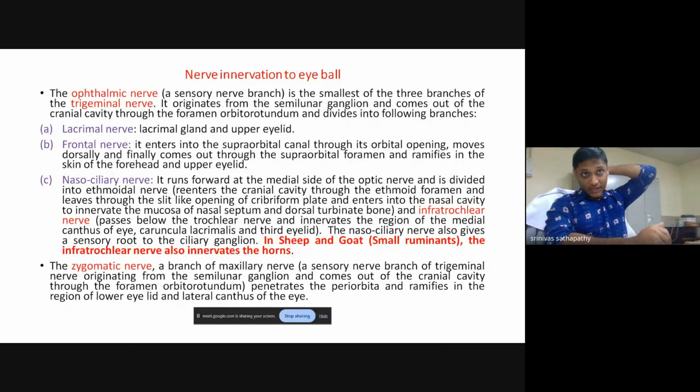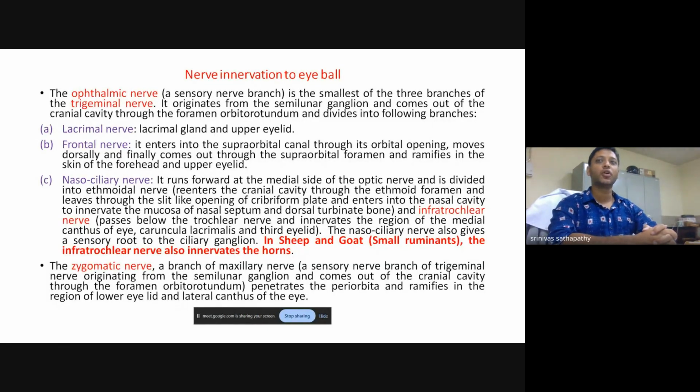One of the branches of the nasociliary is the infratrochlear. This infratrochlear nerve is very important in small ruminants, sheep and goat, because this nerve is also going towards the horns.